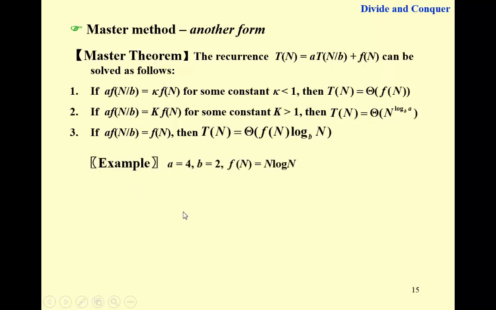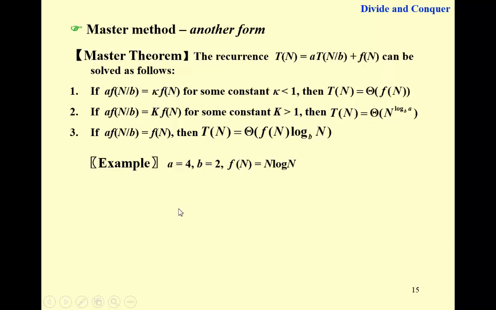Now let's see. For example, if a equals 4 and b equals 2, then what is this? That's log 4 with base 2, which gives 2. So this term is going to be n squared. But f of n is n log n, so what can we get? Let's try to compare 4 times f of half of n with f of n itself.